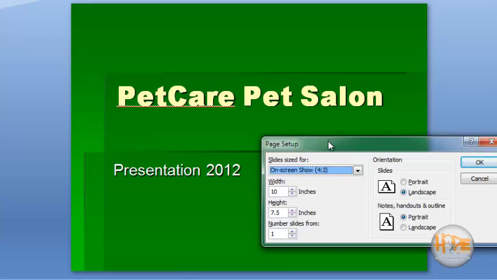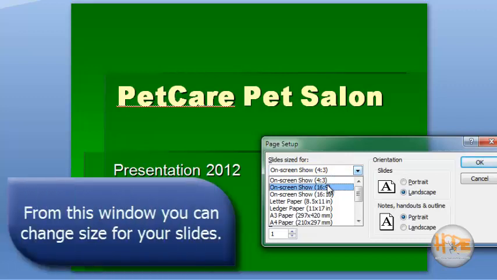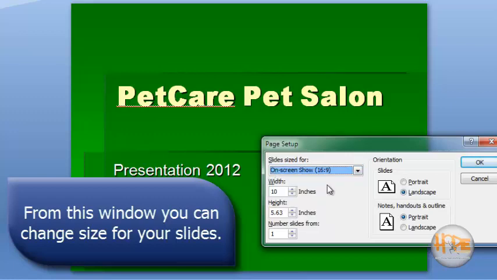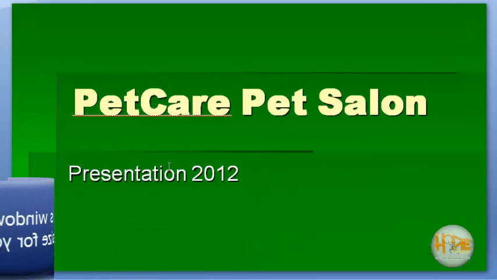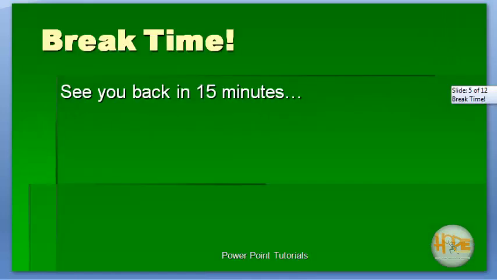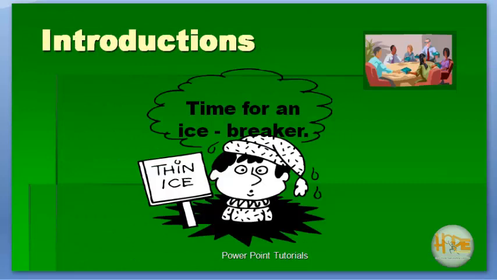For example, if your size is to be displayed on 16 by 9 ratio screen, then you can use this size for your presentation and press OK. So your size of slide will be changed and content that fits in that size only will be displayed on screen.